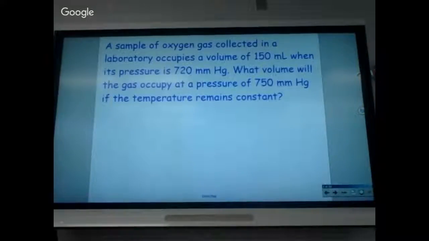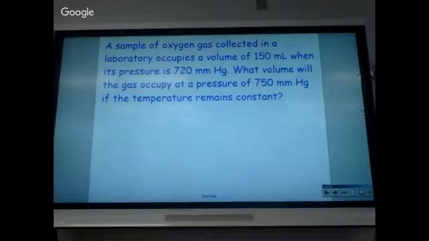When you look at the question, first of all, what gives it away is Boyle's law, because folks who are all bent out of shape about being back in math are gonna look at these questions on the quiz and be like, I can't do this. Let's see if we can make it easier for you on the quiz. When you look at the question, what's going to give it away for you to say it's Boyle's law?